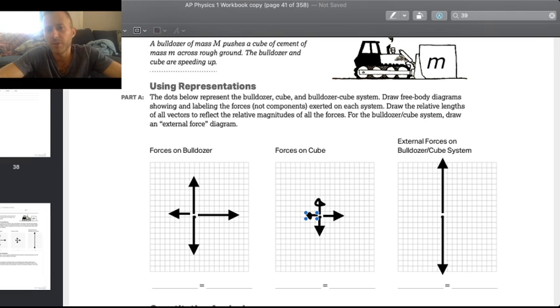Now, notice how if we look at the external horizontal forces, the internal forces cancel each other out, and all we have are the external forces. So this would be traction from the bulldozer, and then the other force would be friction on the cube.